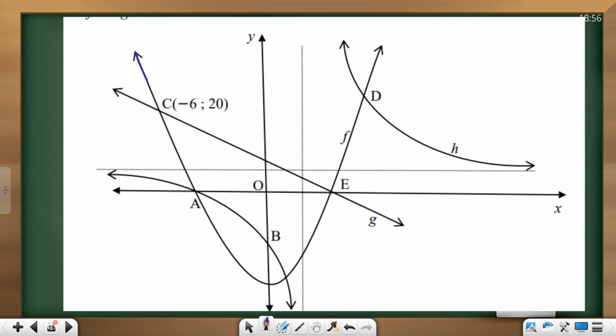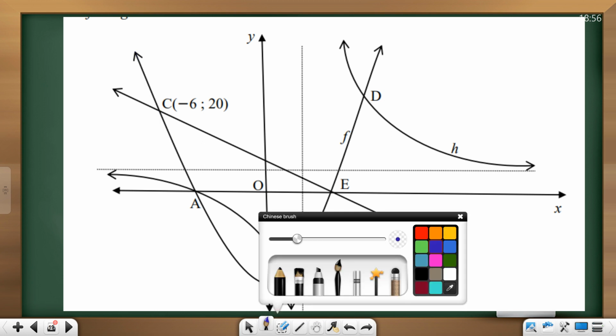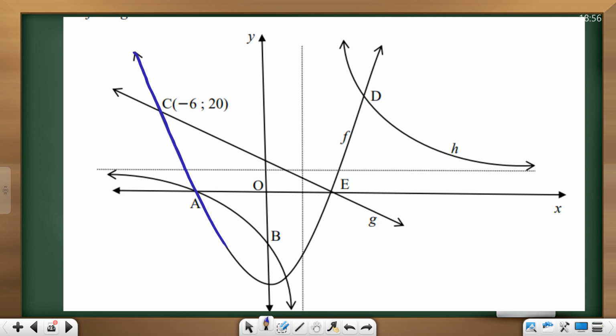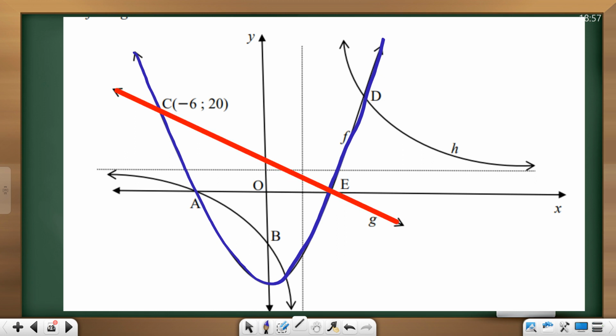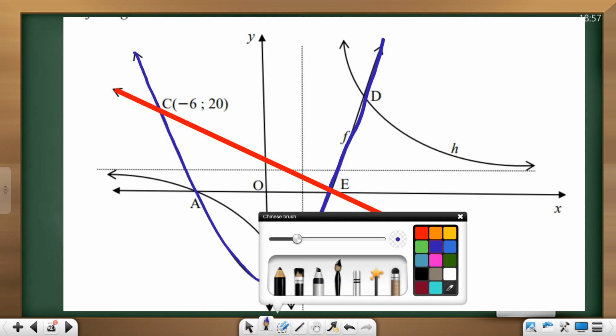This is my F. Is this blue okay? F of x. And G of x. Let's use red. Okay, now let's highlight. Let's use the turquoise one to highlight.